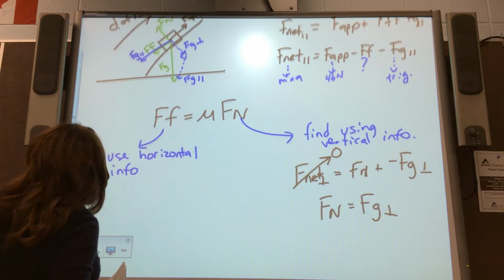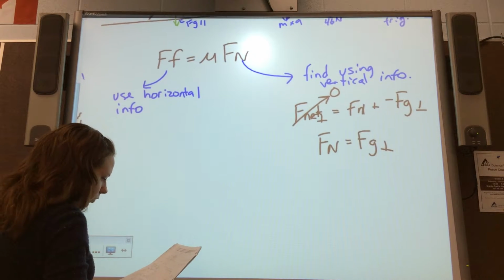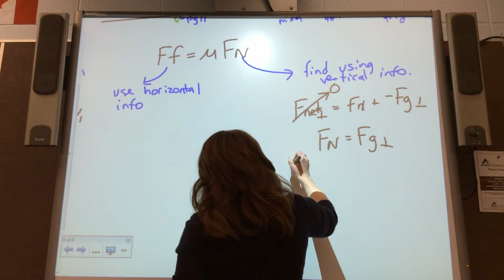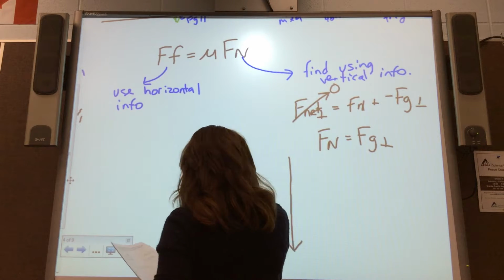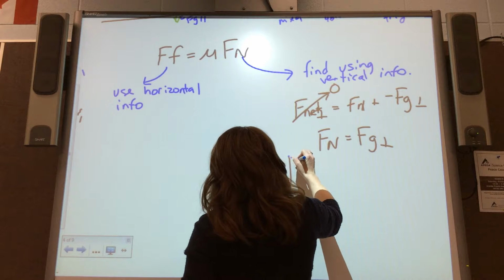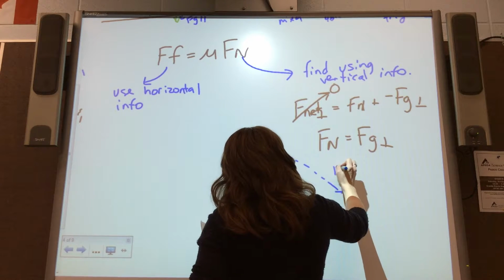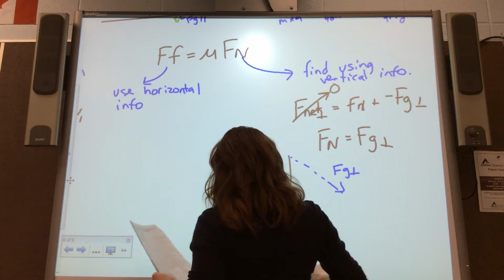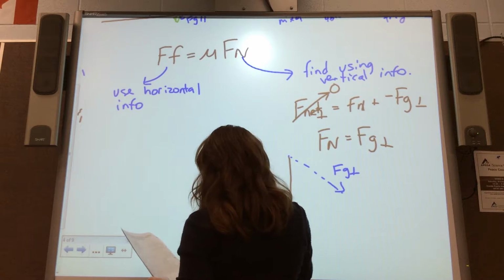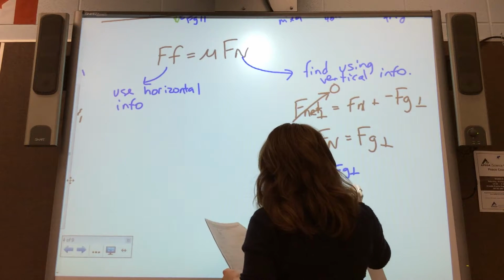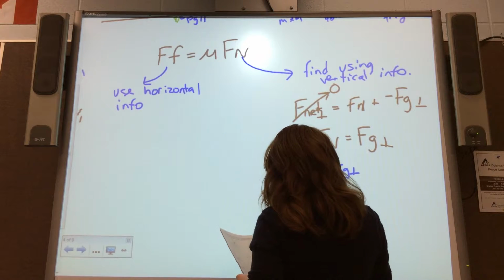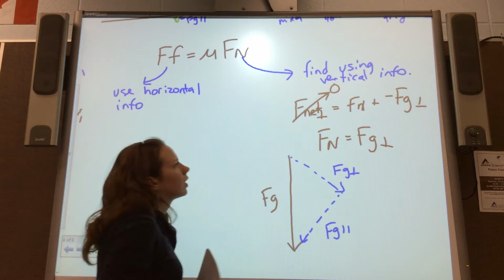Well, now I need to do some trigonometry. So I'm going to redraw my triangle that I had drawn on my free body diagram. This is Fg perpendicular, and Fg parallel.